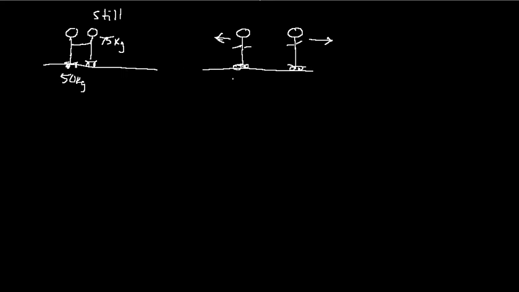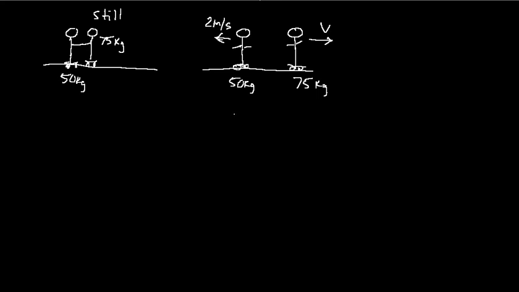So the 50 kilogram person is here, the 75 kilogram person is here. Let's give some speeds. We don't know. Let's say this one is going off at 2 meters per second. So the question is, what is the velocity of this person over here?